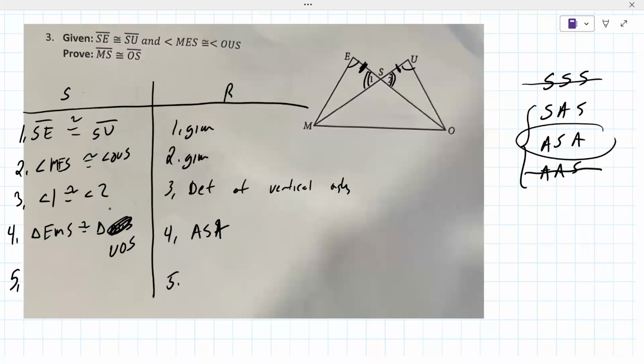All right. Now, why can we prove that the triangles are congruent? I'm sorry. Now, why are the sides congruent after the triangles are congruent? The CPCTC part. Yep. That is it. Nice. So wait, on our last problem we had 7 steps, and I'm sort of confused.